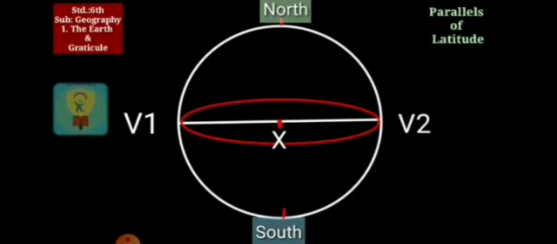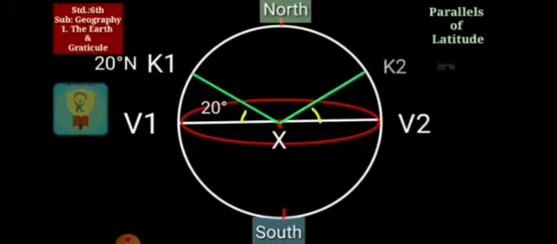First, draw a line from the point on the surface of the earth, that is K1, that forms 20 degrees at the center of the earth, and the same line from the other side of the circle, that is V2 X K2. Now K1 and K2 are the points on the circle.